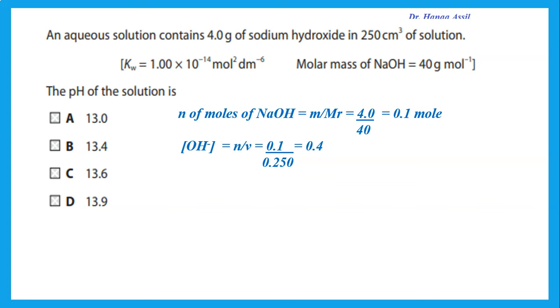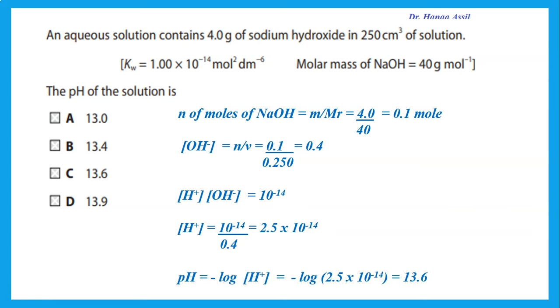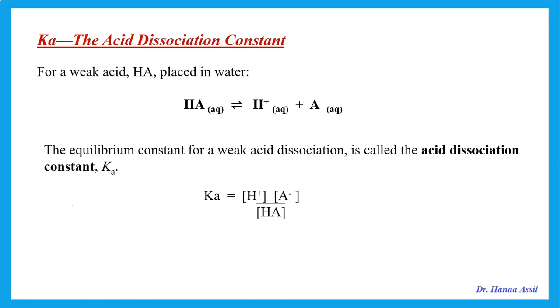So this will be number of moles over the volume. So concentration of OH minus is 0.4. The Kw is 10 to the minus 14, and that means the H plus would come to be this, and pH is minus log of that. Are we following all of this?